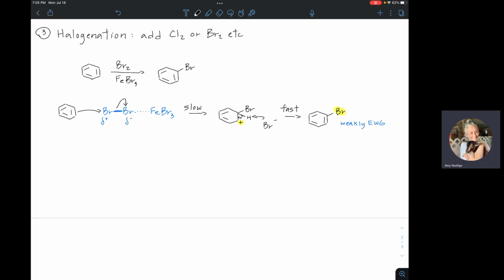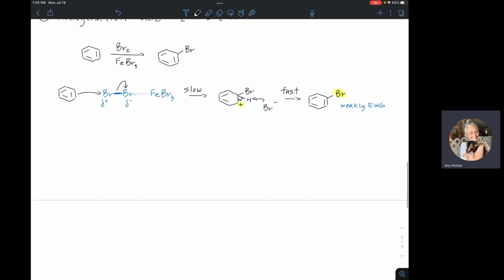We know that it's a 1-3 relationship with the substituents. For the electron withdrawing groups, I want to show you resonance structures and help you understand why we think that might be happening. The data is what it is. We're just trying to rationalize it, right? The halogens, we noticed that they are weakly electron withdrawing, and so they're weakly deactivating, but they don't direct to the meta position. So we'll talk about that in a sec.